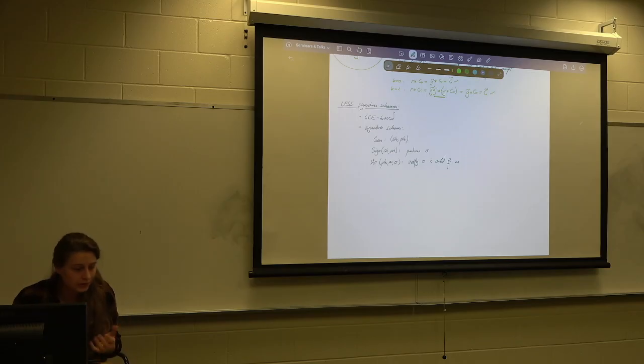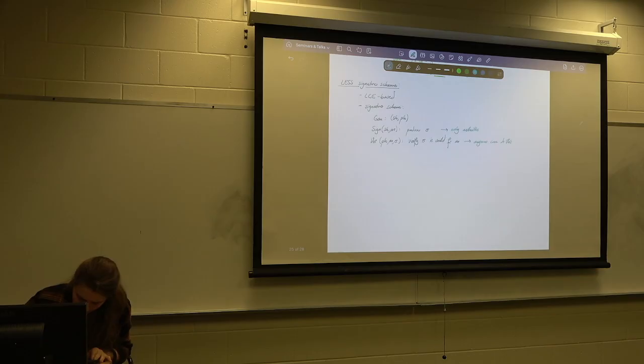So I need a generating algorithm that sets everything up for me. Only authorities can do this, and then anyone can do this. So this is the basic structure, and I'll show you exactly how these algorithms work later.